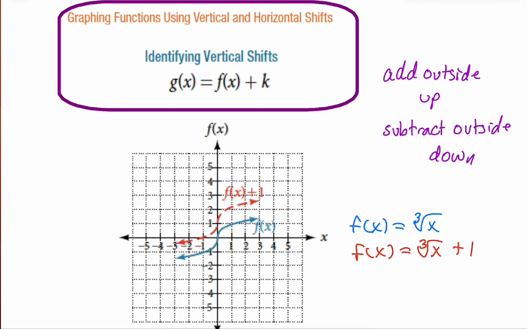It is super important that you know by looking, if I put that plus 1 there, I can just take my original. Remember, we learned those 3 good points. You could just take those 3 good points for a cube root or a square or any of them, and you can just lift them up 1, and you will get the correct graph.